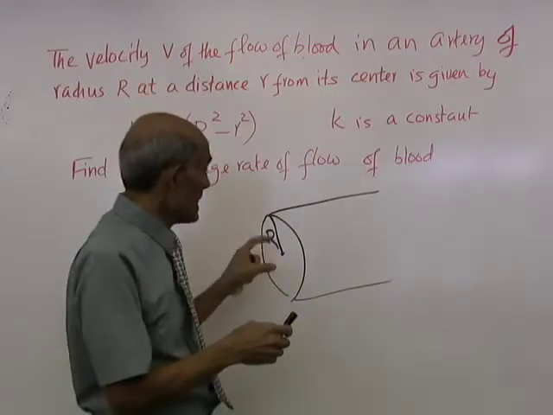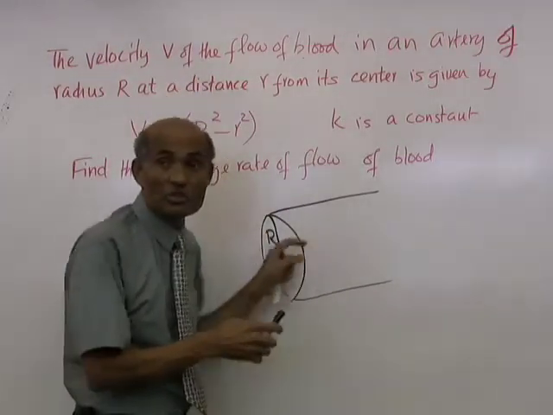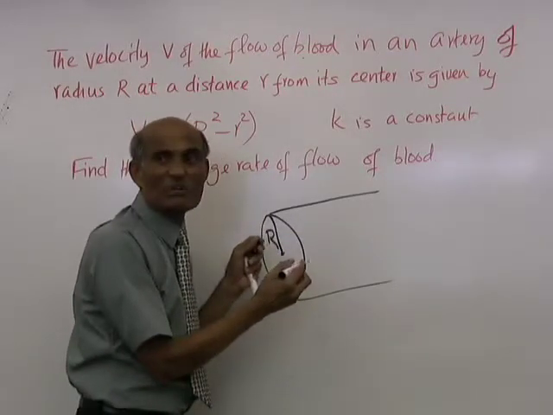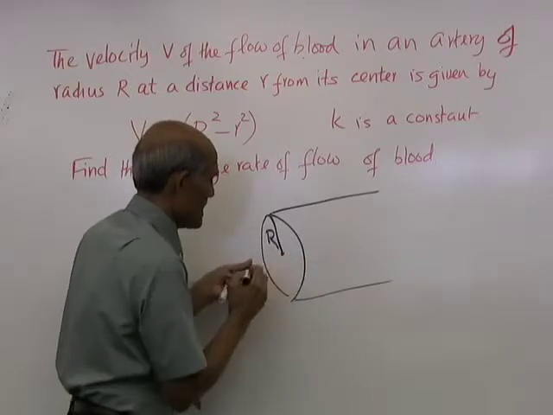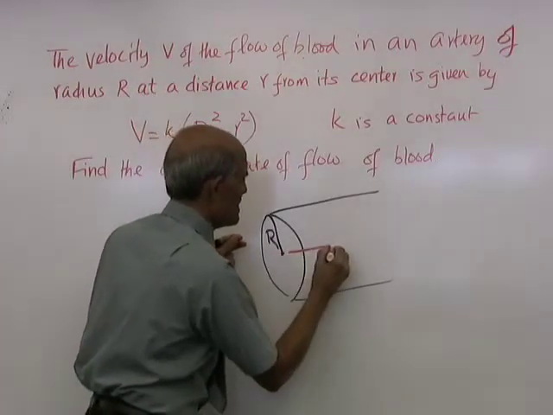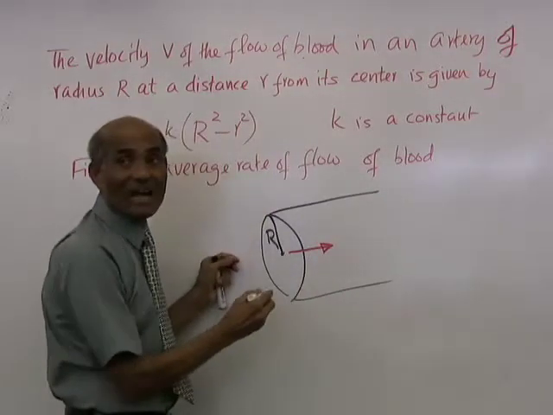In the same way, as blood moves through the tube, I'm going to represent the speed by using arrows. The speed of blood here is indicated by that arrow.